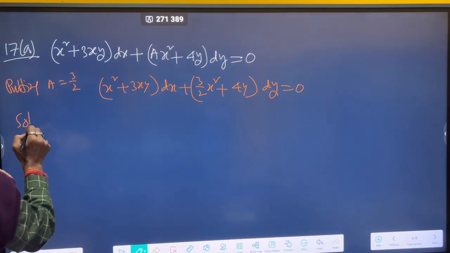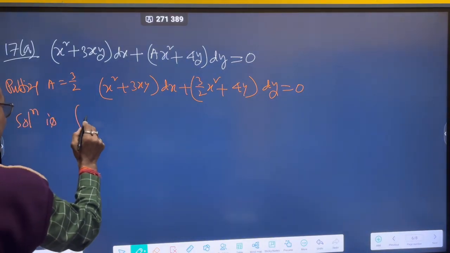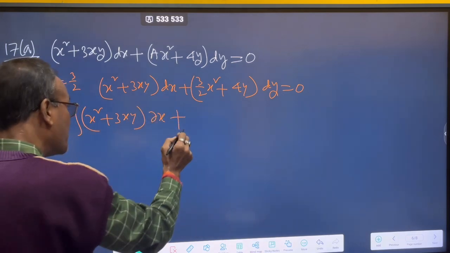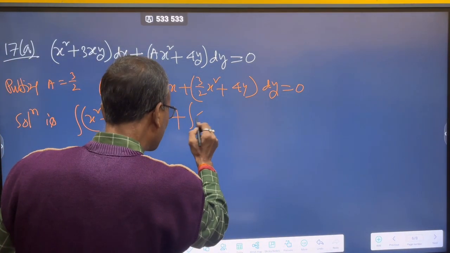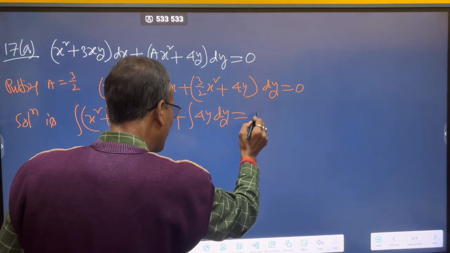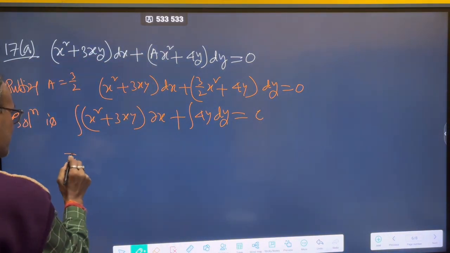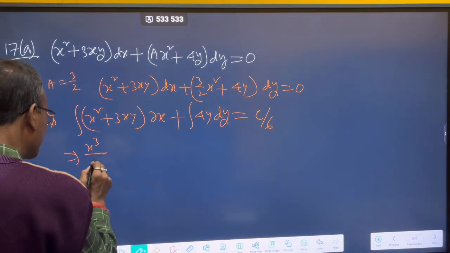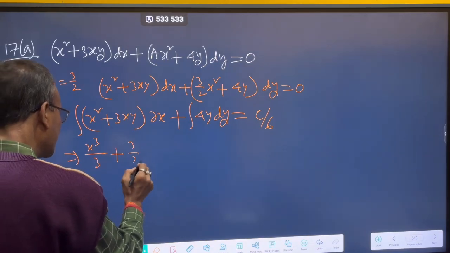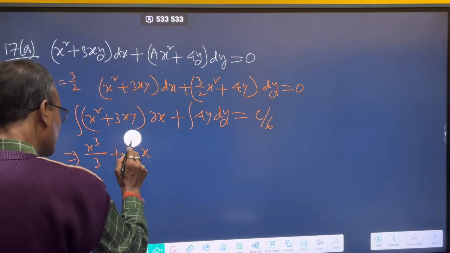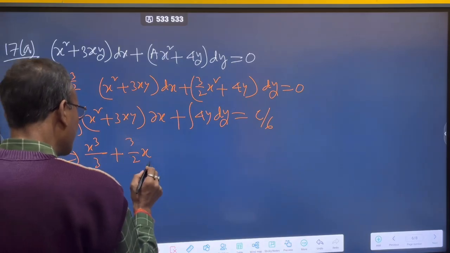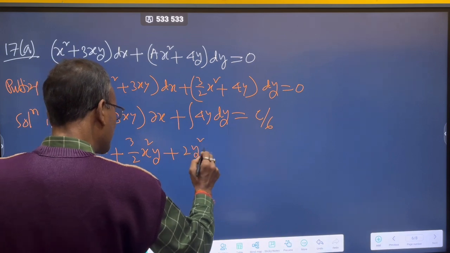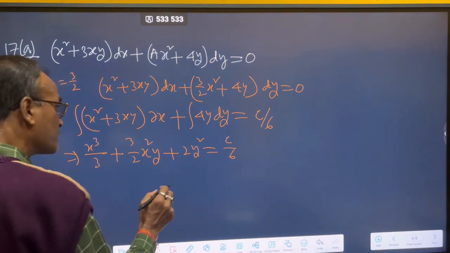The solution is integral of m dx treating y as constant, plus integral of those terms of n which do not contain y, equal to constant. You may write c by 6: x cube by 3 plus 3 by 2 x square y plus twice y square is equal to c by 6.